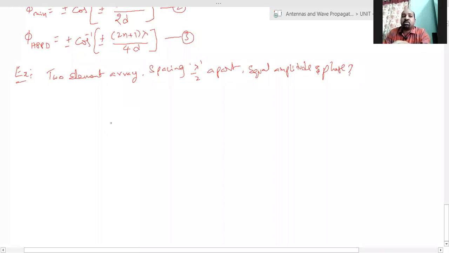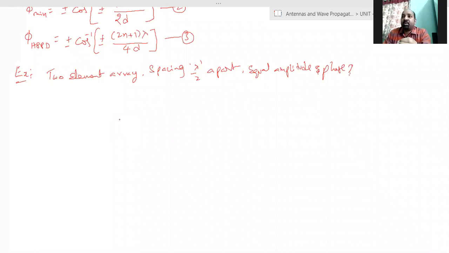In examination, the problems you'll get are like this, in two ways. Sometimes they will ask you to determine the array factor of a two element array spaced lambda by 2 apart with equal amplitude and phase.